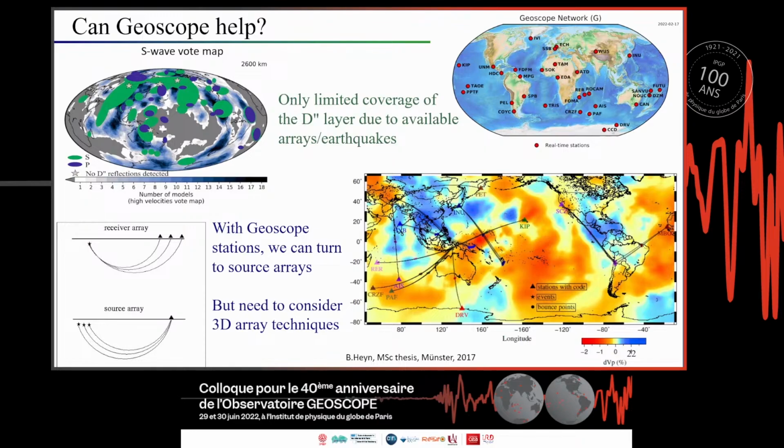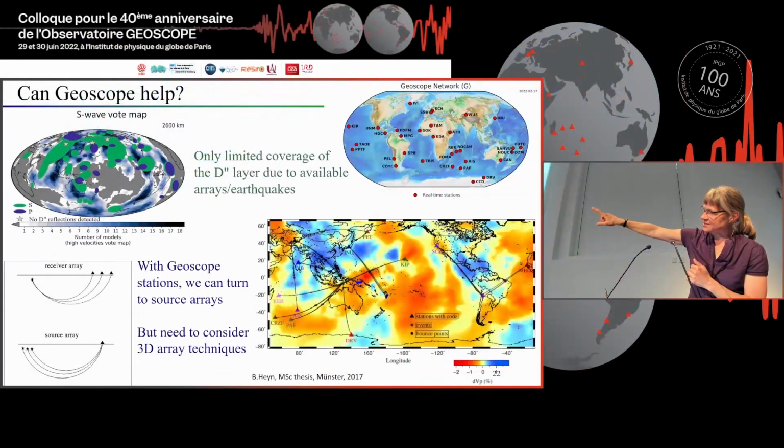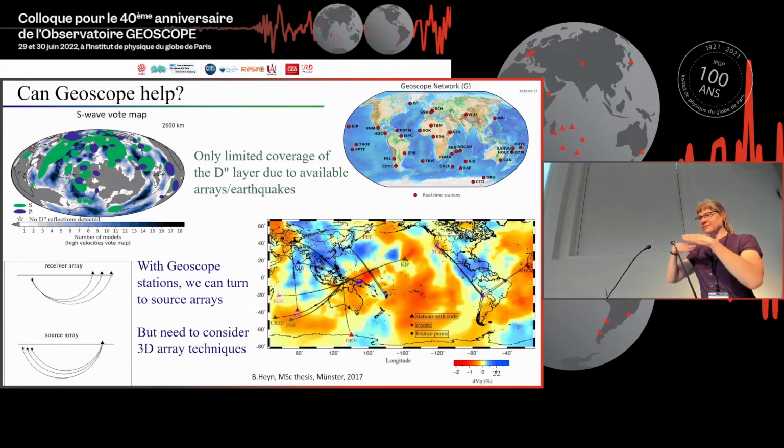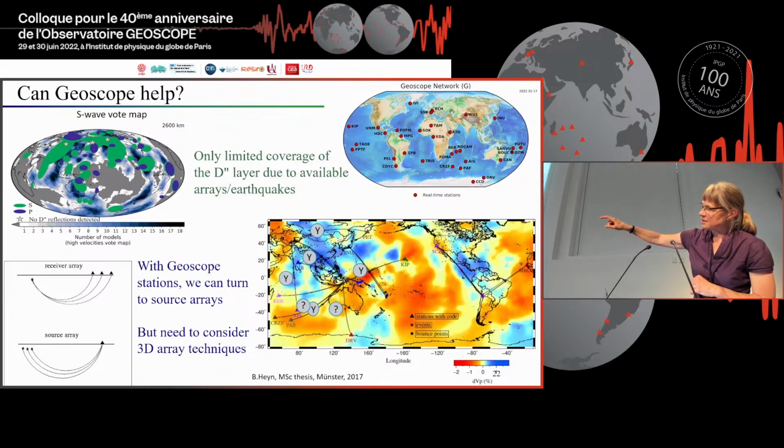And he looked at all the different Geoscope stations that you see here on the right side, and he did source stacks. What was difficult is to do normal Vespagrams, so just looking at the angle of incidence, but we actually had to go to 3D array techniques. And he looked at all these data, and we found indeed some evidence for a D double prime reflector in some of those, and my figure apparently has moved a little bit, so it should be on the lines.